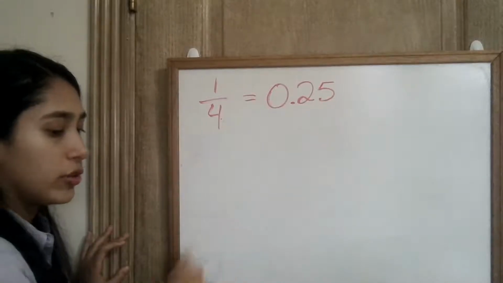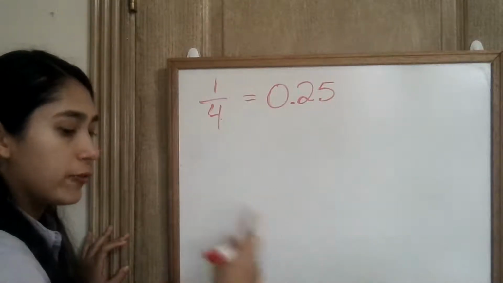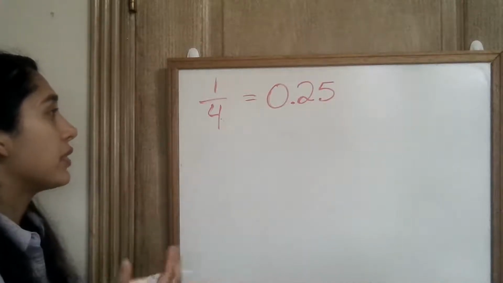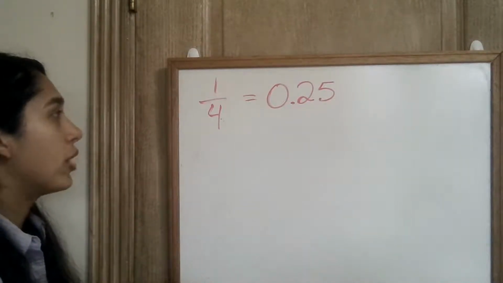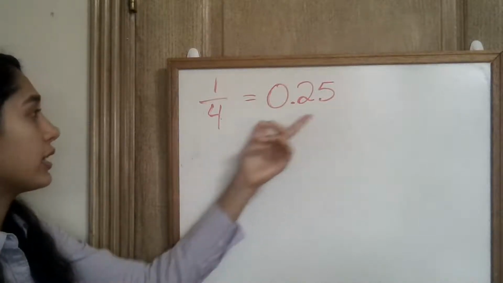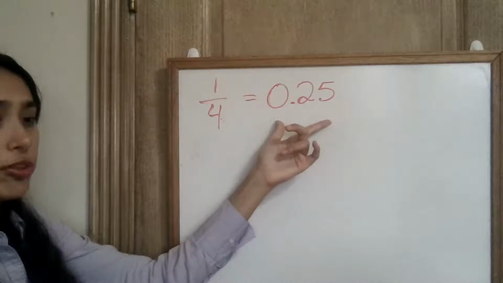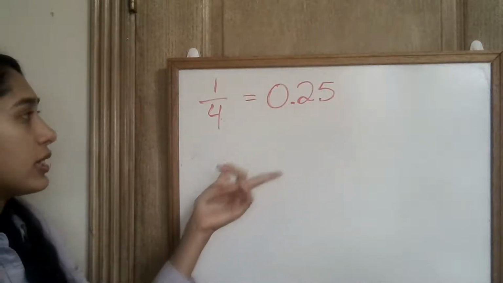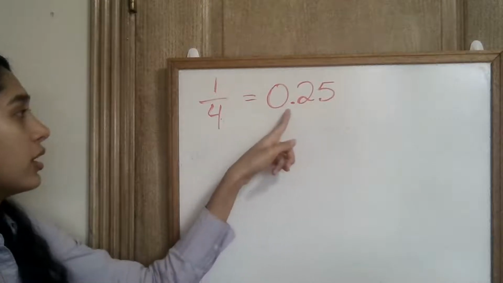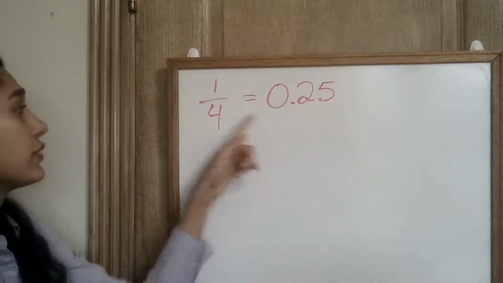We're just going to be going through decimals and fractions and seeing that they're equivalent. You might have a word problem that says 1/4, or it might say that there's a rate of 0.25. So instead of multiplying by 0.25, you could just divide by 4.